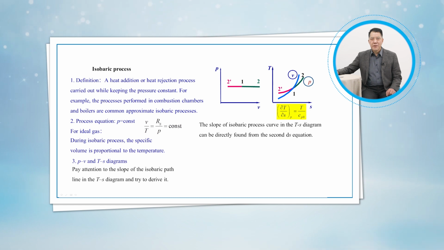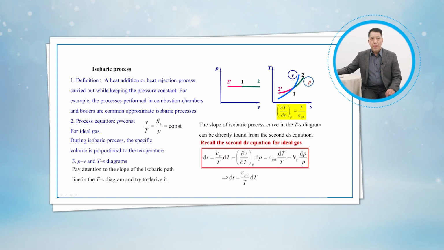Actually, it can be found from the second DS equation directly. Recall the second DS equation, equation 5.32, that has been derived. The entropy change can be expressed as, for the isobaric process.